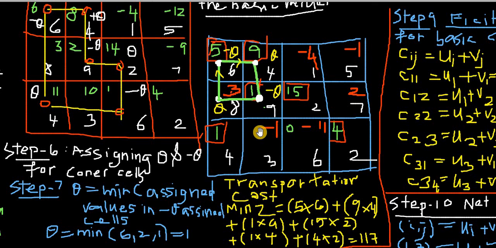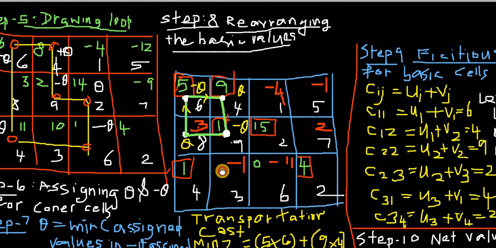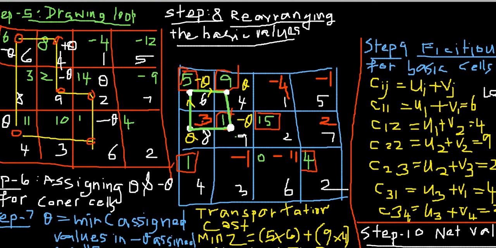Now, what is the next step? Step number 8: we have to rearrange the basic values on the basis of the theta value we have given just before. What is the value of theta?